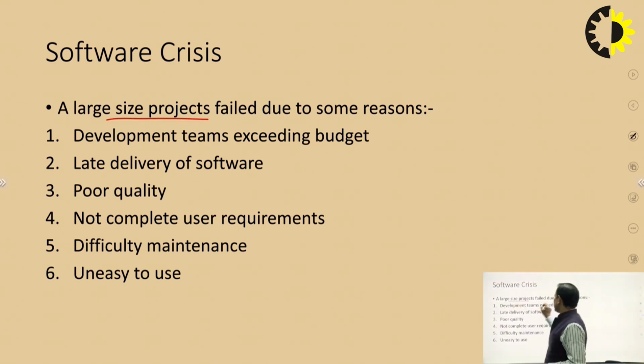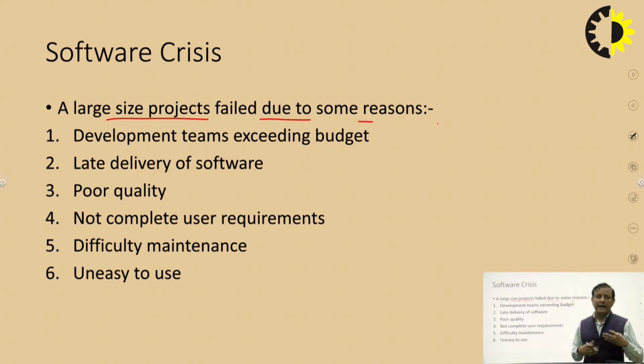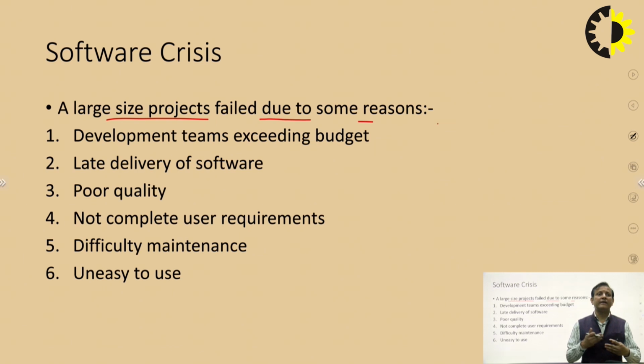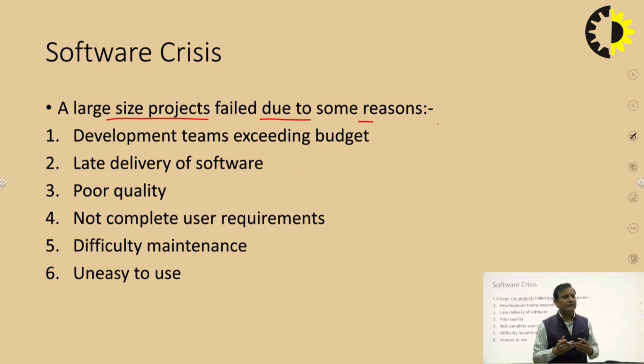Large size projects failed due to some reasons. Development teams were exceeding the budget. They were taking a lot of time to develop the software. We delivered things very late, so customers were not ready to accept them. The quality was not up to the mark, so we could not stand in the market.